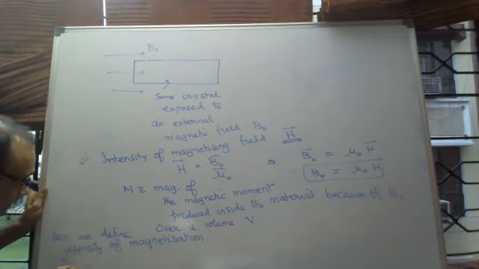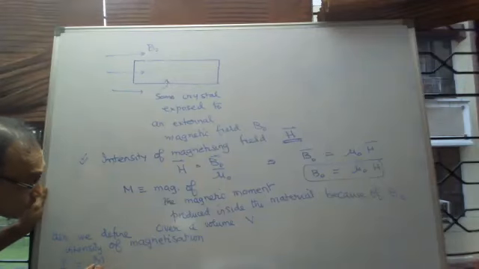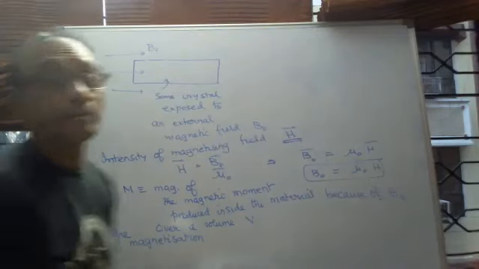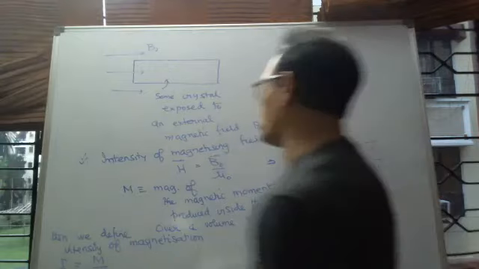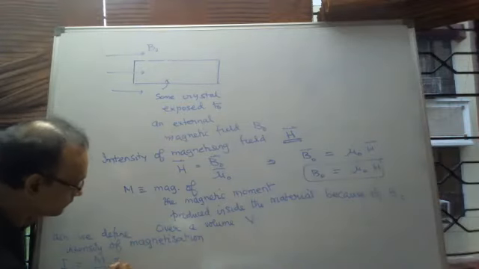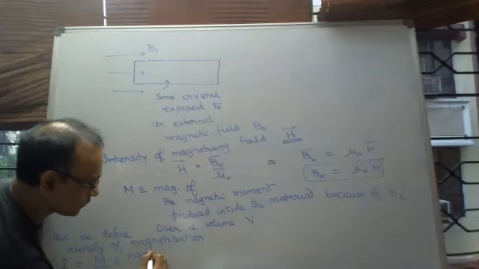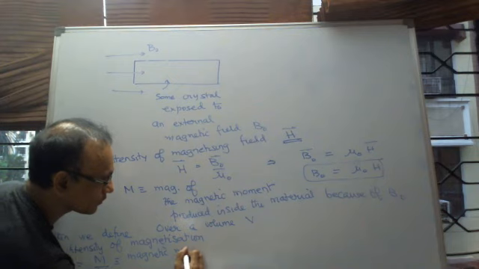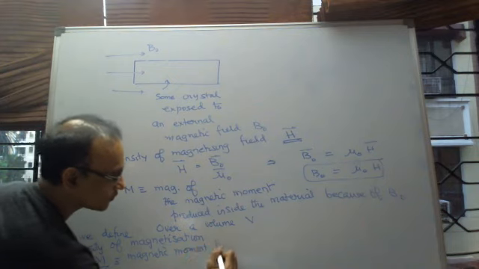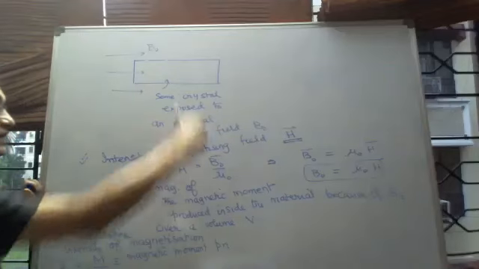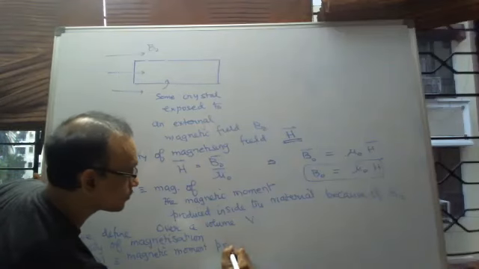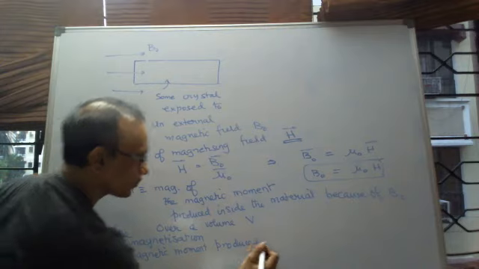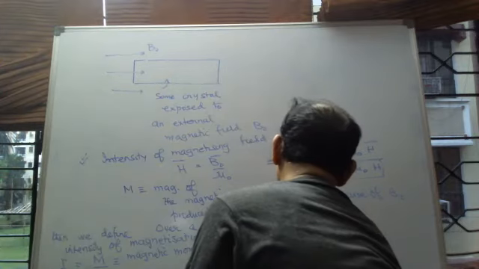I as the magnetic moment produced per unit volume. V is the volume of this material.